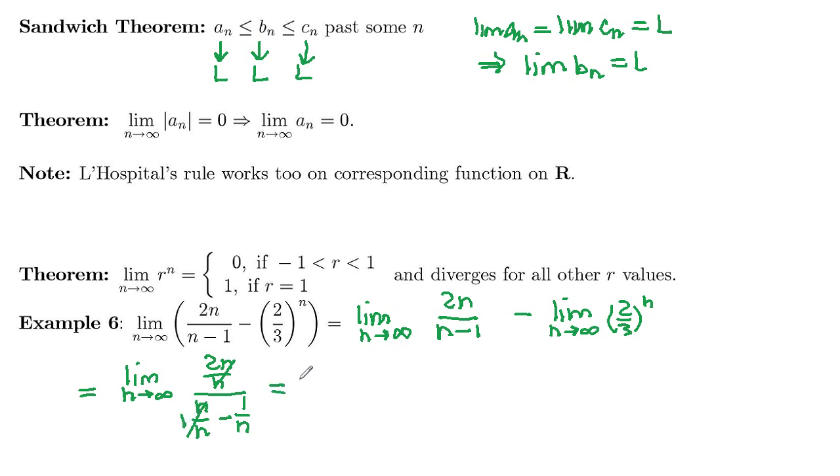And then minus the limit of (2/3) to the n. That equals 0 if r is between -1 and 1, and this is definitely between -1 and 1. So we can put a 0 in there, and that limit's all computed.